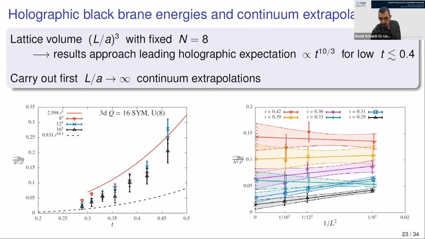So, extrapolating to 1 over L squared going to 0, which we can see does not have much effect. Pretty much all of the extrapolations are consistent with a flat line, consistent with a constant within their uncertainties. And the uncertainties themselves are fairly large, as we can see in both plots.